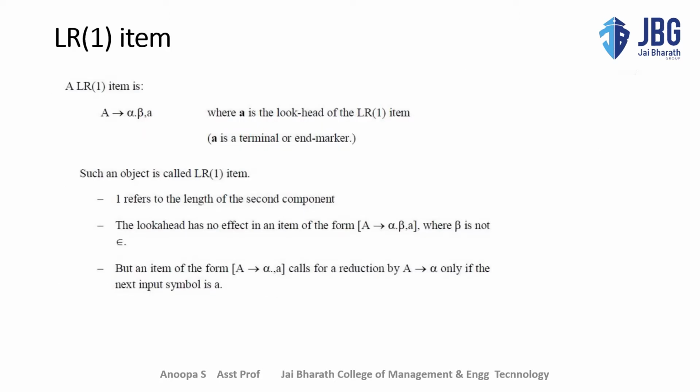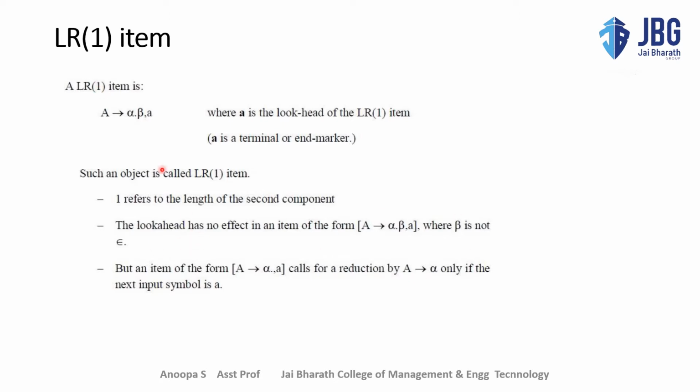So this gives the syntax or format of an LR(1) item: A giving alpha dot beta comma a, where a is the lookahead of the LR(1) item, and a can be either a terminal symbol or an end marker like dollar. Here 1 refers to the length of the second component. Since we are using a terminal symbol of length 1, it is represented by 1.